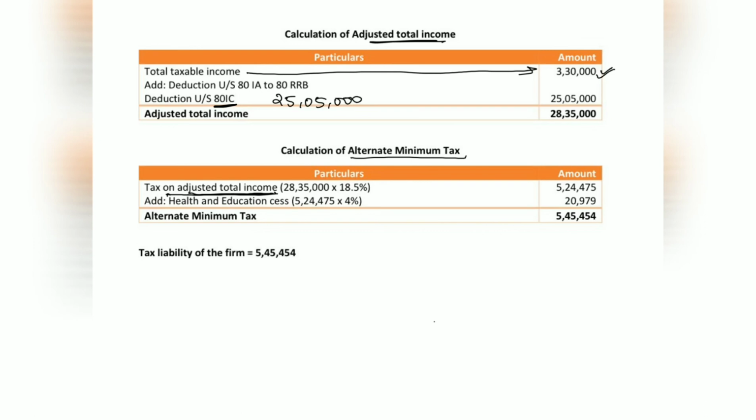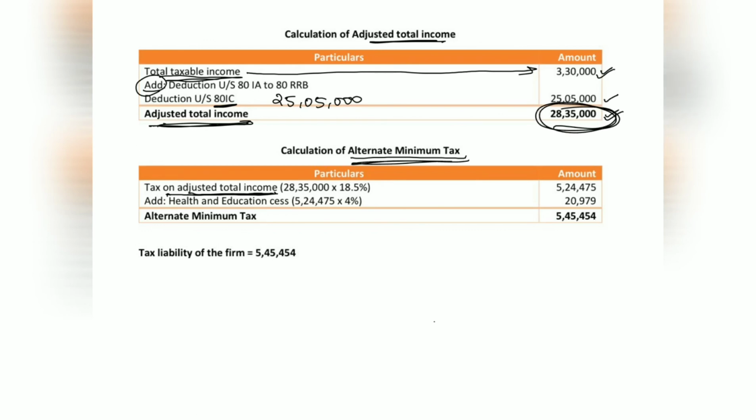So we have considered that 25 lakh 5,000 here. If you add these two values, the adjusted total income comes to 28 lakh 35,000. While calculating adjusted total income, you always have to add the deduction to the total taxable income to get the actual income, the adjusted total income. So now we have the adjusted total income of 28,35,000.